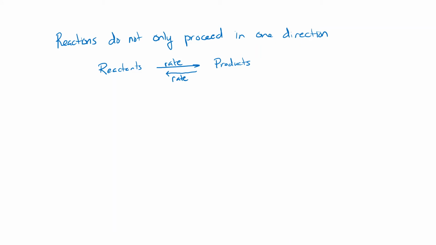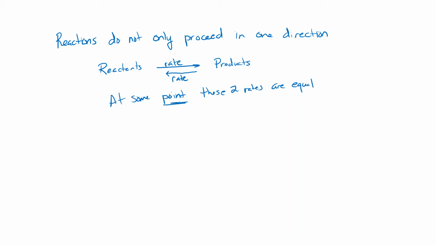The concentration of the products increases, so this inverse rate is going to increase because we have more of our product in there. And eventually, at some point, these two rates will be equal.